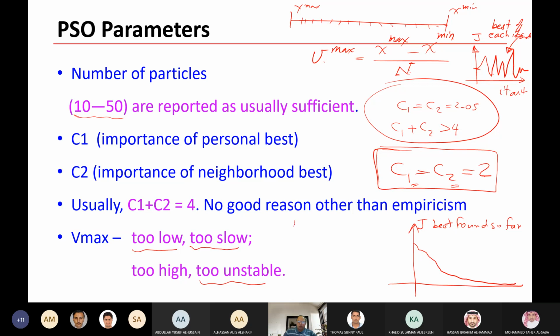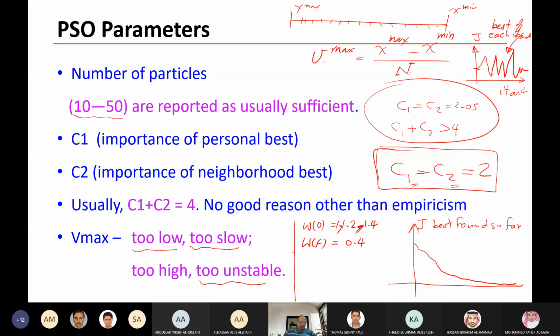So usually, as we mentioned before, W of 0 we set as 1.2 or 1.4. W final could be 0.4.